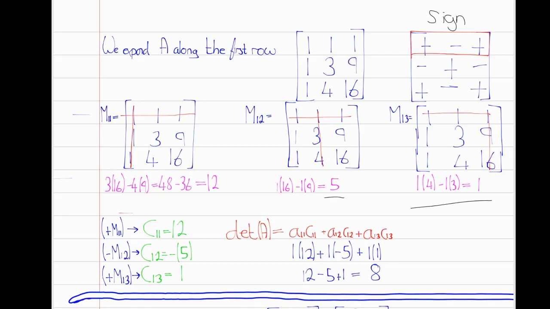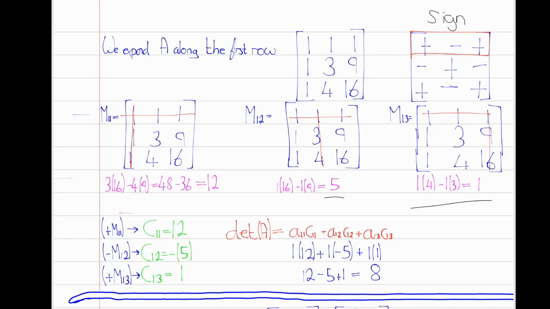C12 is going to be minus 5 because we have minus 1 to the 1 plus 2 is 3. Minus 1 to the 3 is minus 1 times 5. C13 is going to be 1 because we have 1 times minus 1 to the 1 plus 3. It's going to be 1 times 1.